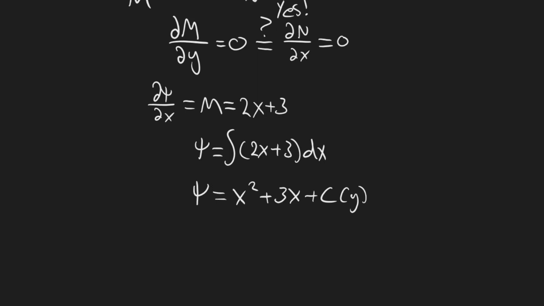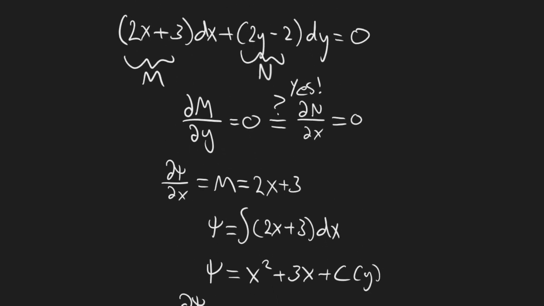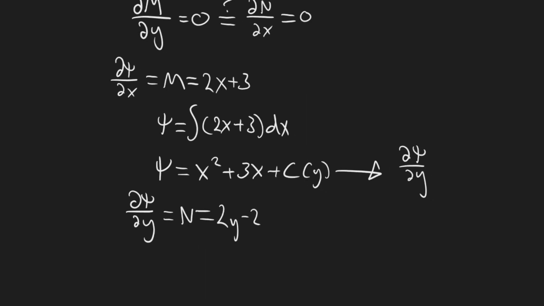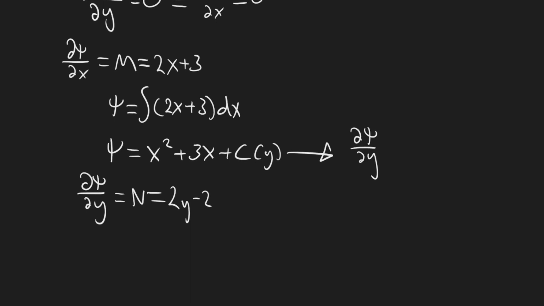All right, also remember that partial psi partial y equals n. So this is how we move forward. In this case, n is 2y minus 2. So we need to make sure that these equations look the same once we take the partial of what we found to be psi. So partial psi partial y is going to be, let's see, okay, the x squared just totally disappears, the 3x totally disappears as well, so this is just c prime of y.